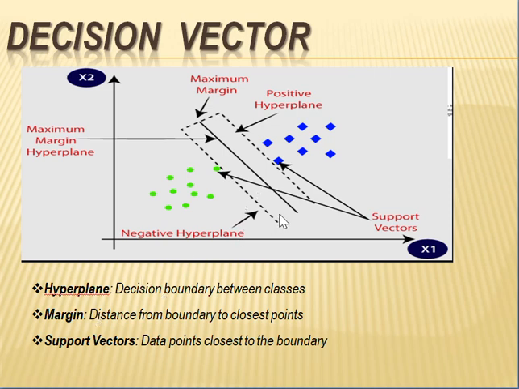The margin is the distance from the boundary to the closest point. Support vectors are the data points closest to the boundary. These two lines are the support vectors.